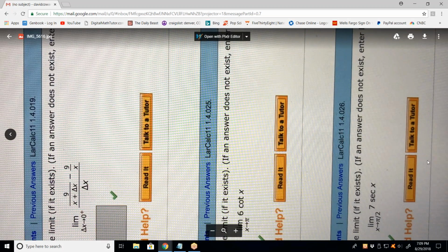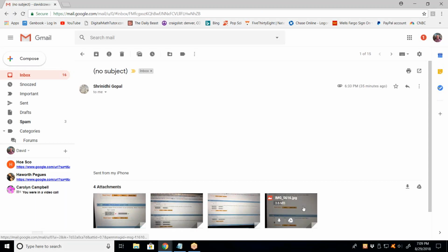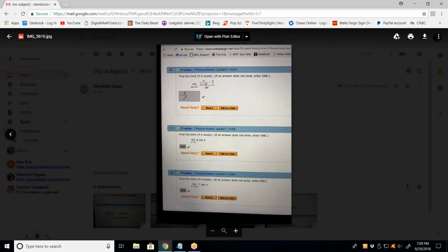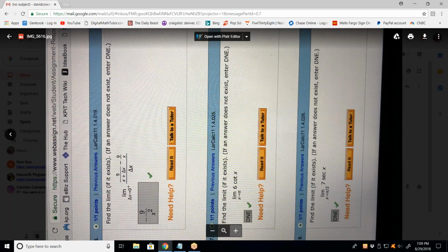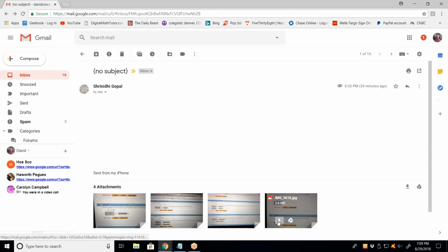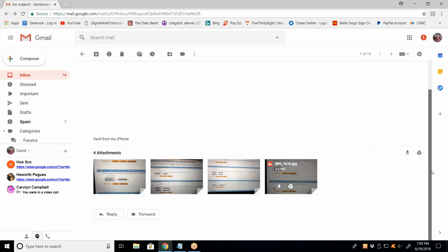Ooh, weird stuff. Hold on. For some reason, every time I clicked on it, all of a sudden it starts rotating. Sometimes it does that. Weird. Let me see if I can get around that by downloading it instead of just displaying it.